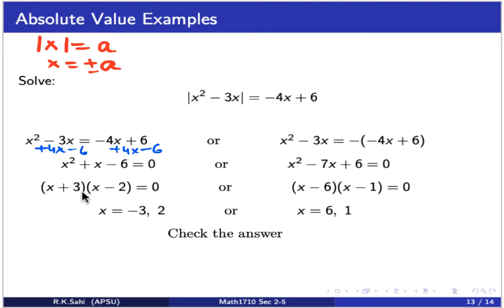When we solve this one, it is x plus 3 times x minus 2 equals 0. So there are two x values, minus 3 and 2. Let's go ahead and solve the other one.